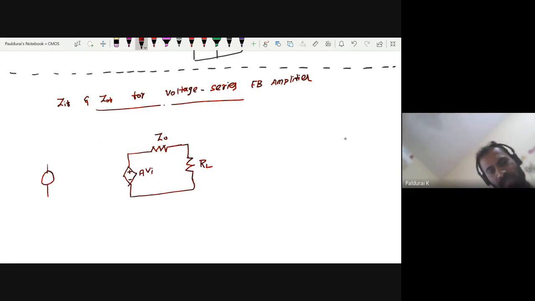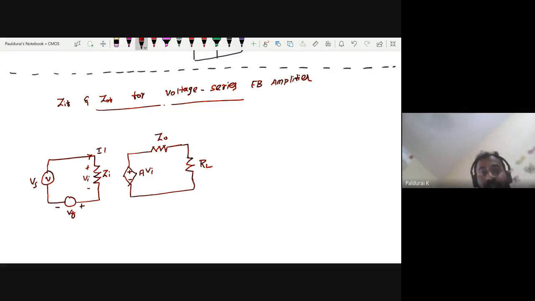Input side series mixing, so I want to go with Vs. This is my Zi where this current is IA. So this is my Vi and this is my Vf, plus minus. So this is the circuit diagram, right? This is the model for voltage series.